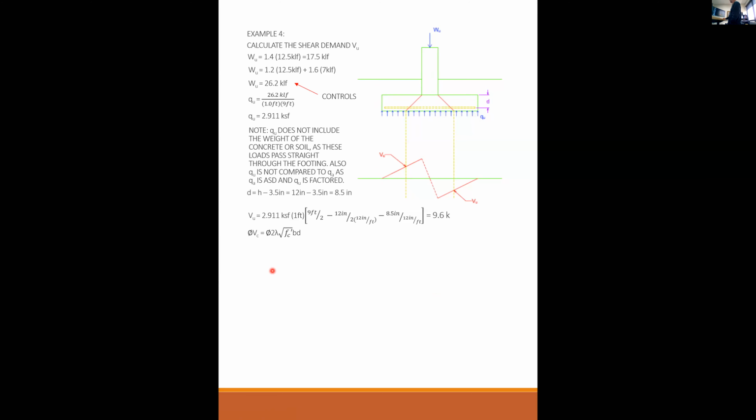Then we compare that to our capacity. Our capacity is phi VC, which is phi times 2 times, remember we're going to ignore lambda, so 2 times the square root of f'c times b times d. So that's 0.75 as phi, times 2 times the square root of 3,000, times a 12-inch wide by 8.5-inch deep piece of footing. And that capacity is 8.4 kips.